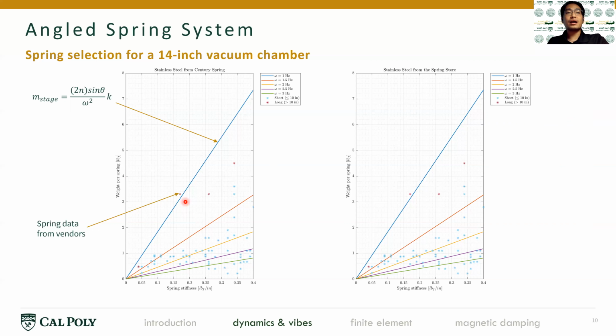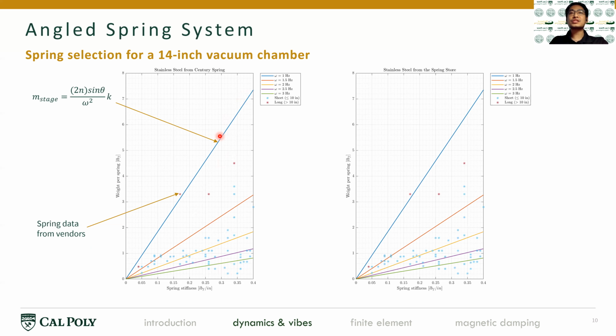For example, if a spring data point is above the 1 hertz line, like this one, it means that it can isolate the vibration down to 1 hertz, and any frequency above it, 1.5, 2, 2.5, and higher, it can successfully isolate. Whereas if you pick a data point far below, it won't isolate the frequencies high up in the plot, but it means that it cannot go down to the low frequency range.